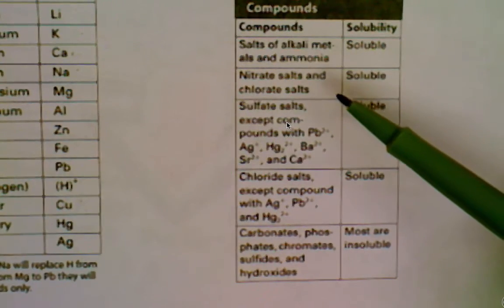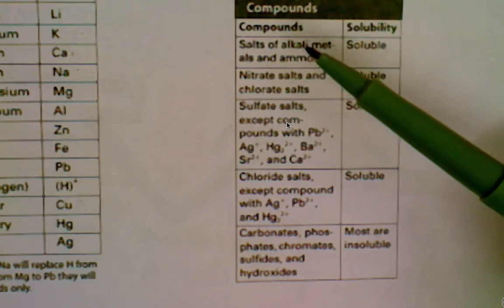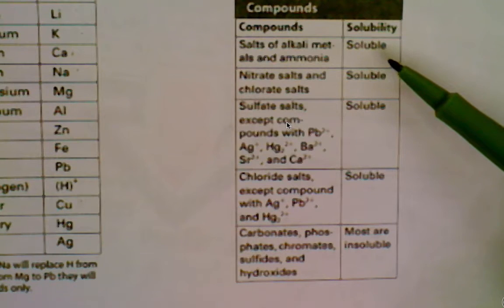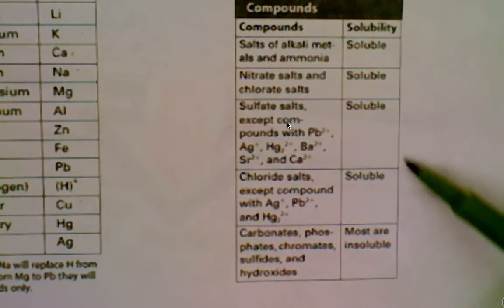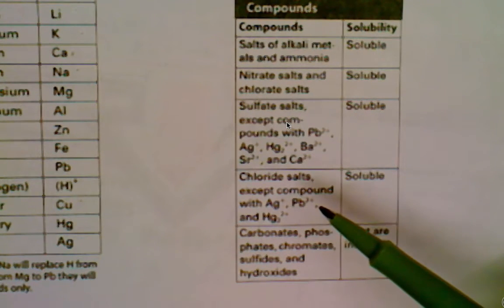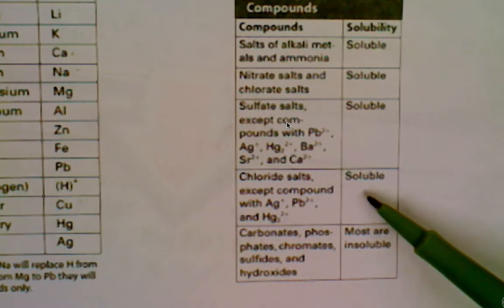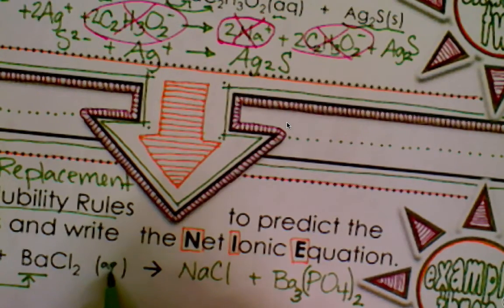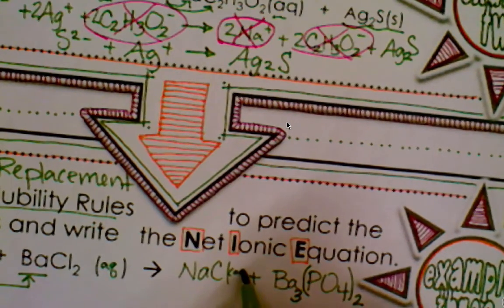Okay, so for solubility rules, I see my salts of alkali metals, which sodium is an alkali metal. Those are always soluble. I also have a chloride rule. So barium chloride and sodium chloride are soluble.